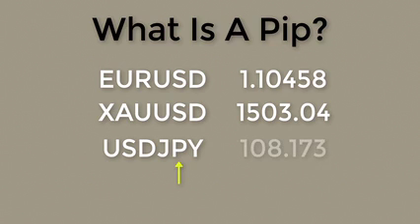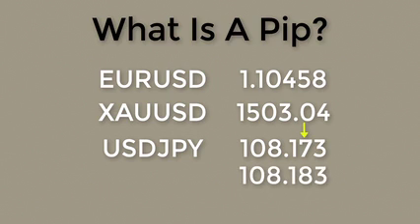The yen is 108 yen, and then it goes 108.173. That 7 right there is the pip as far as we're concerned on the yen. So if it goes from 108.173 to 108.183, that's a 1 pip move. Okay, getting more and more simple, right?